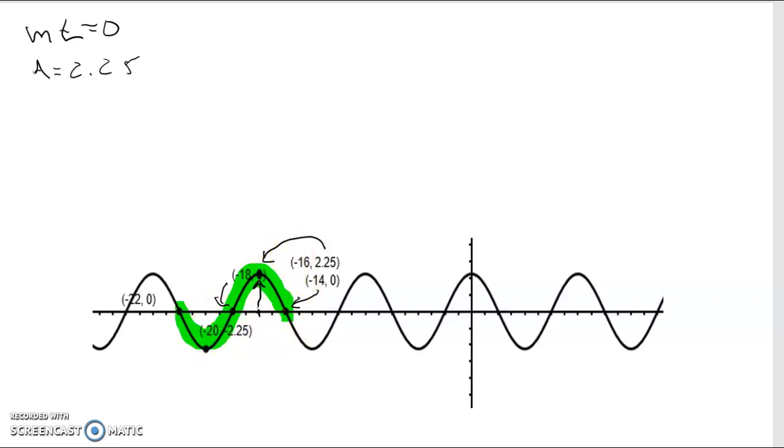Let's just check that. If that's negative 14, then we go back here, and that's 8 less than that, so that's at negative 6. And then we go another 8, and that should be at positive 2. Oh, and that makes sense.